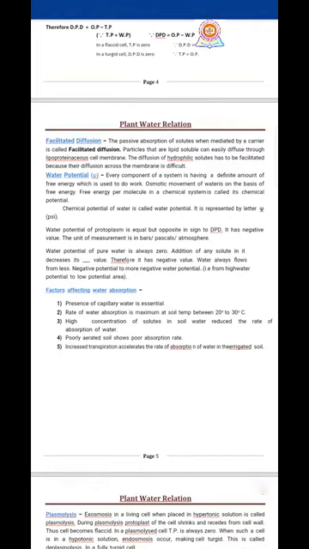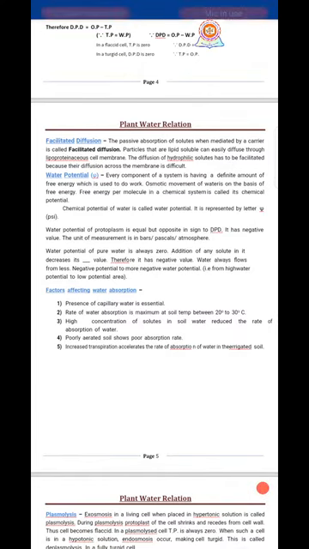Next, the rate of water absorption is maximum at a soil temperature between 20 to 30 degrees Celsius.